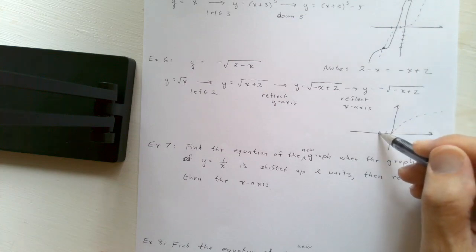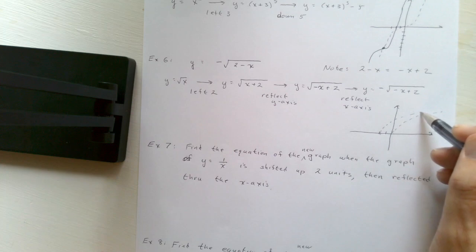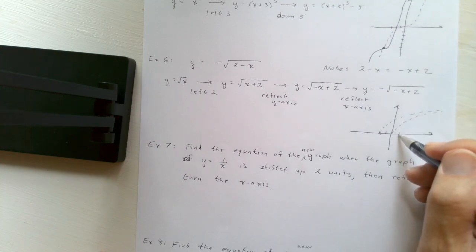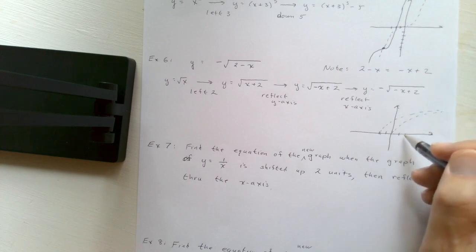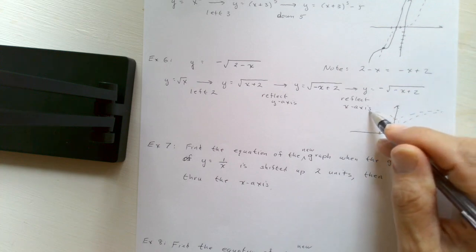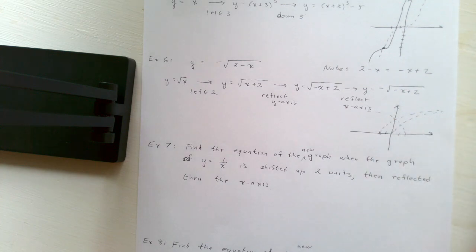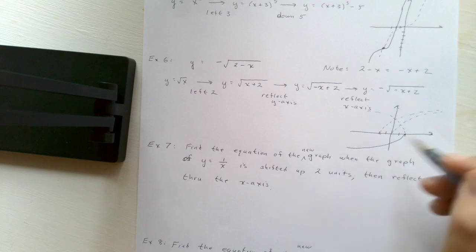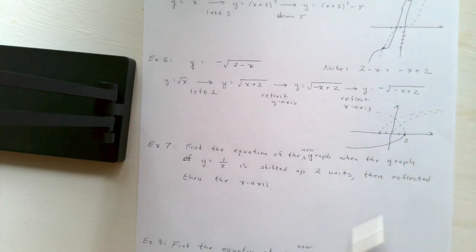So we shift left 2, we get that. If we reflect through the y-axis now, we're reflecting this through it here, we get that. And then finally reflect this through the x-axis, so we get that. Okay, and you can see that it should work out.